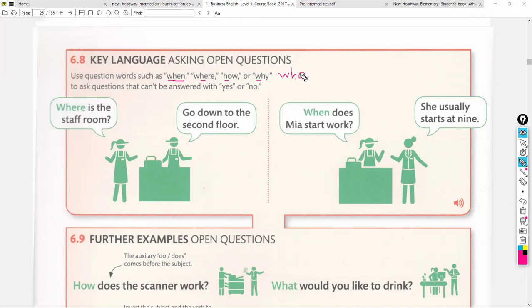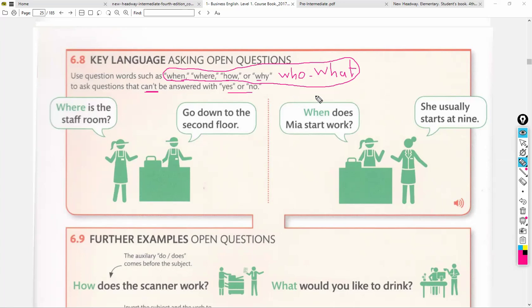Who is a WH word or question. And even we have what, I don't know why what is not written. So notice that all these WH words are used to ask an open question, okay? Now, these kinds of questions are not like the yes or no questions, okay?